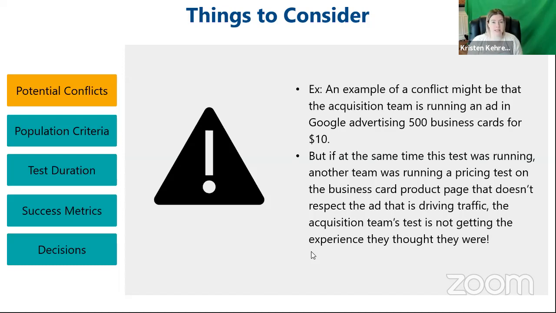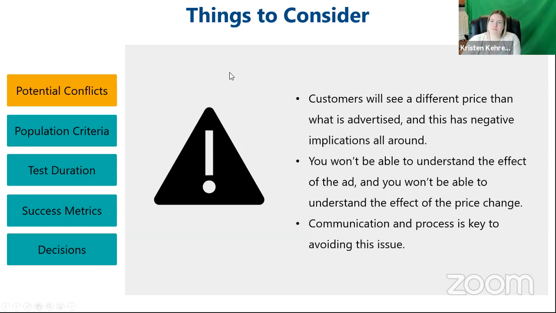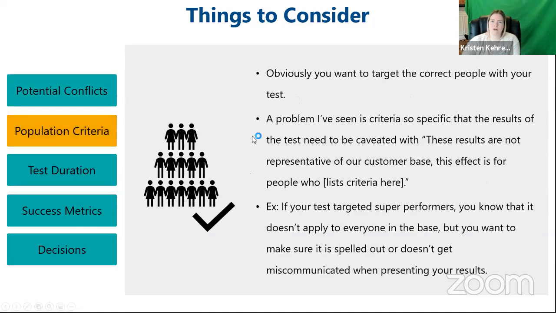But if the pricing team was running a test at the same time and their test wasn't respecting the pricing that was being mentioned in the Google Ads, because the pricing team is running their own test, seeing what about 500 business cards for $20 and trying some different variants, you could end up getting sent from Google Ads to a landing page that shows a $20 price point instead of the price point that was mentioned in the Google ad. And now you've had a bad customer experience. They're probably not too happy. They're going to have a bad impression of the brand. And then nobody has any data to analyze their tests because it didn't actually give the experience that you were trying to test. And so we talked about those as well.